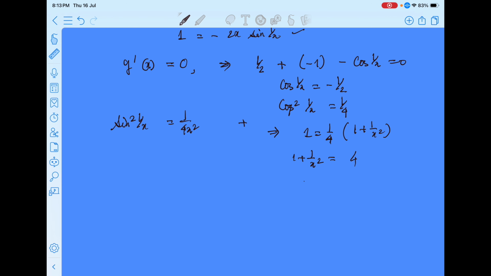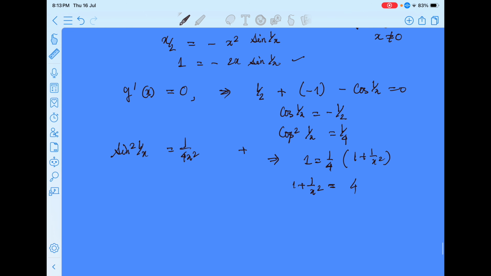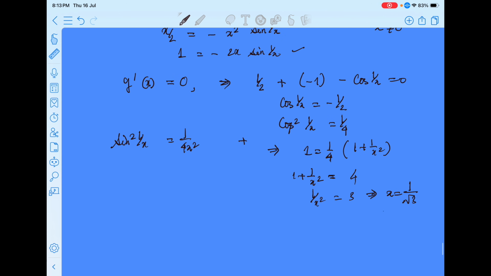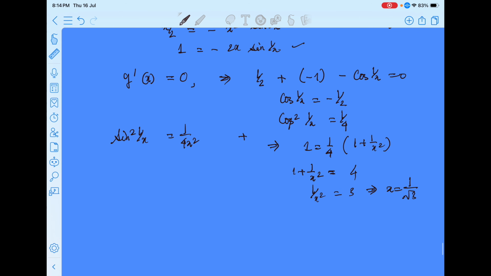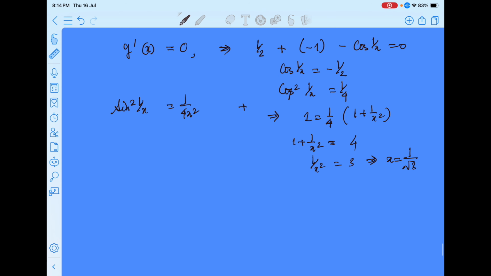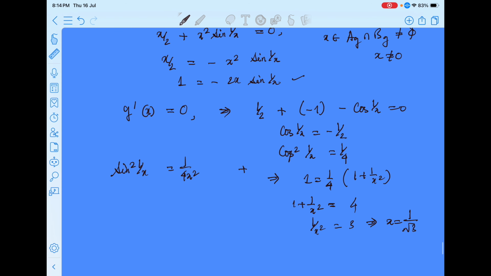So then you have 1/x² is 3, then that will imply x equals 1/√3. Okay, x equals plus minus 1/√3, but as x is inside (0, 1), we are choosing x being positive. So as x is inside (0, 1), if there is a solution, x has to be plus 1/√3.